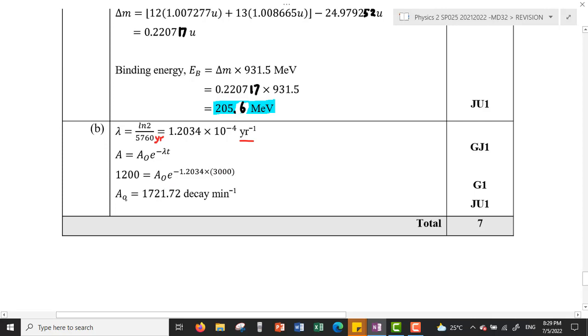So when we do the calculation, we will get the activities 3000 years ago is 1721.72 decays per minute. Okay. Kenapa jawapan dia dalam decays per minute? Sebab activities ini kita tak buat penukaran unit. Kalau you refer soalan, activities 1200 ni dalam decay per minute. Jadi A0 pun dalam unit yang sama lah, decay per minutes. So the total mark untuk question 10 adalah 7.